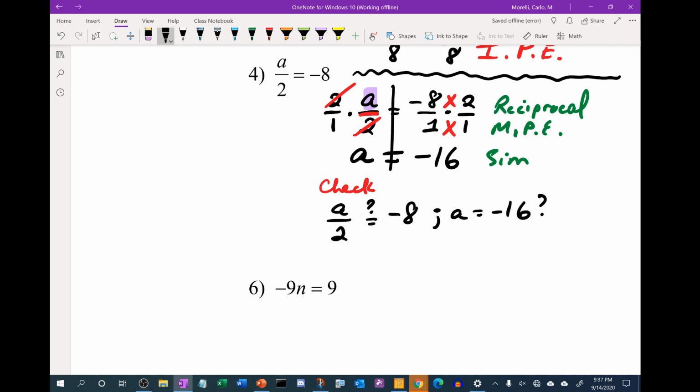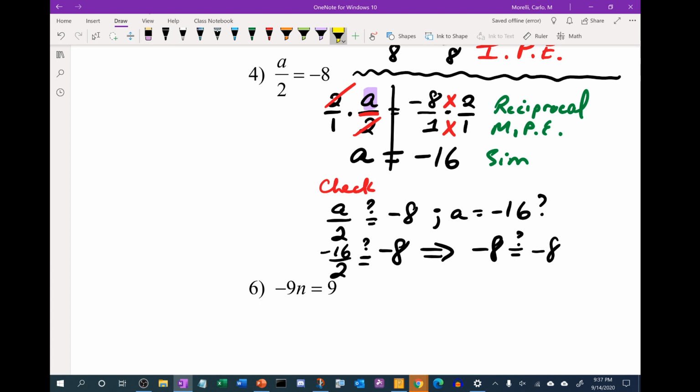Okay. Well, let's substitute and find out. Negative 16 over 2. Does that equal negative 8? Well, negative 16 divided by 2 is negative 8. So I've got negative 8 equal to negative 8.